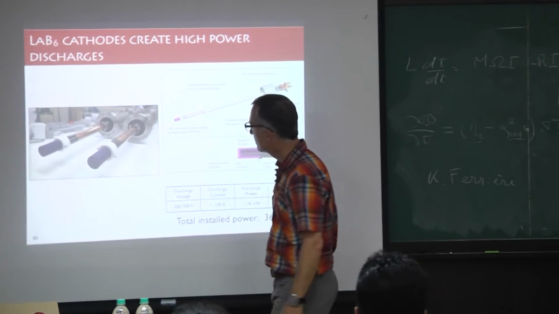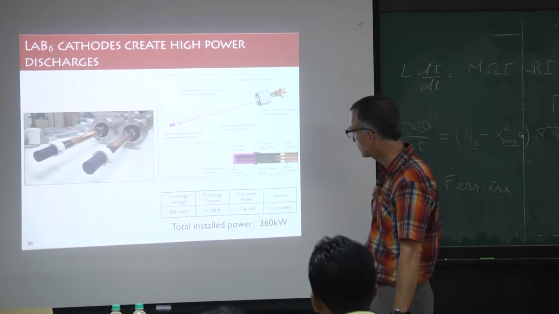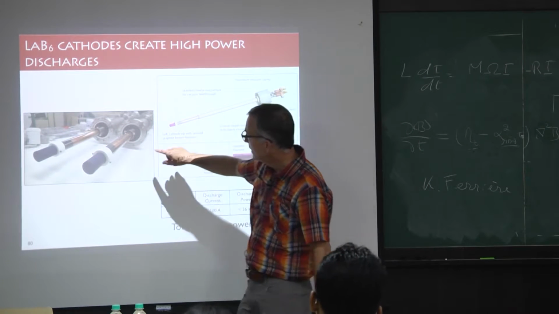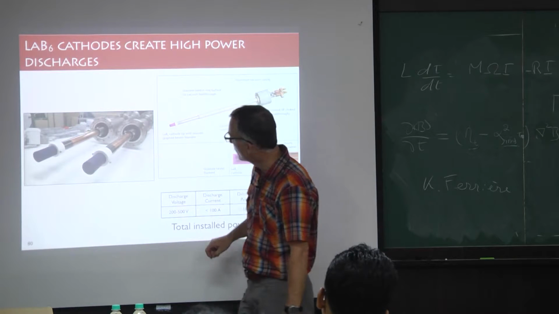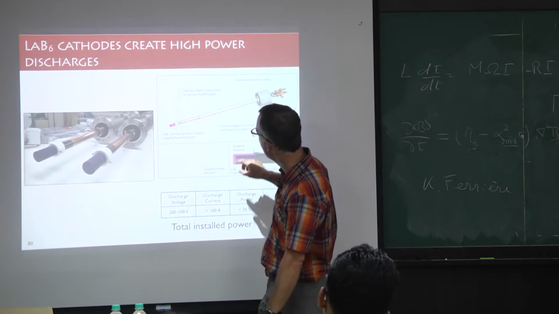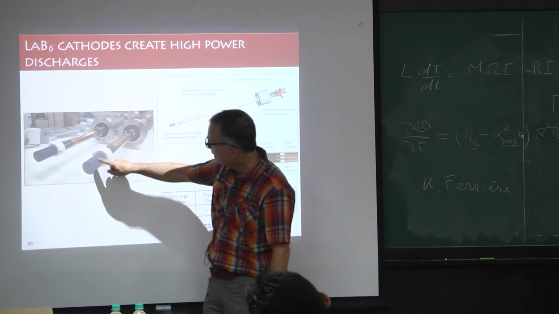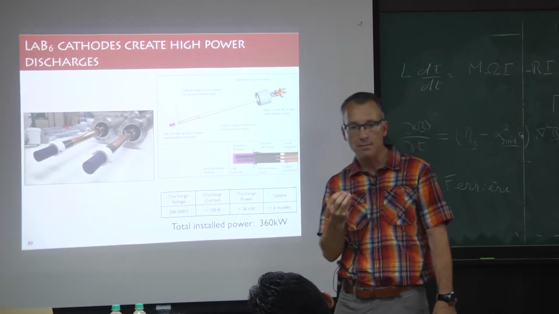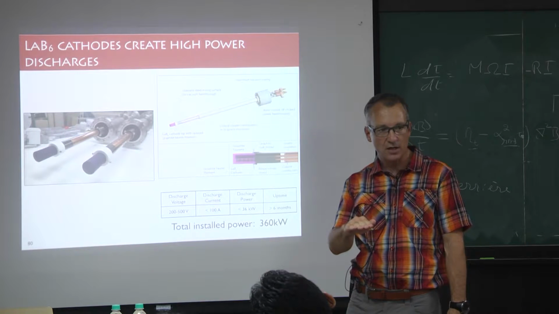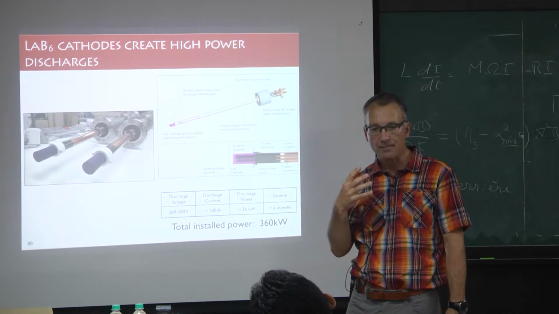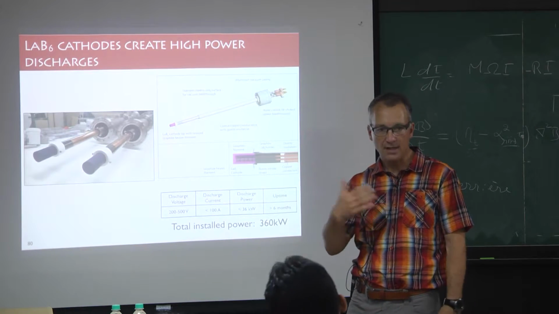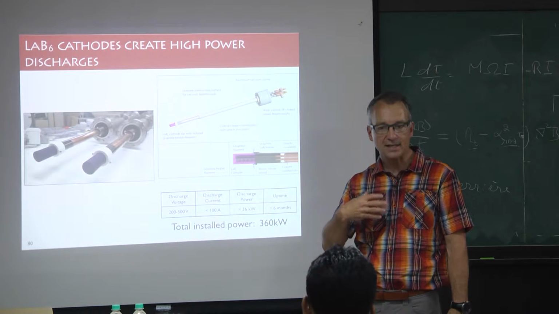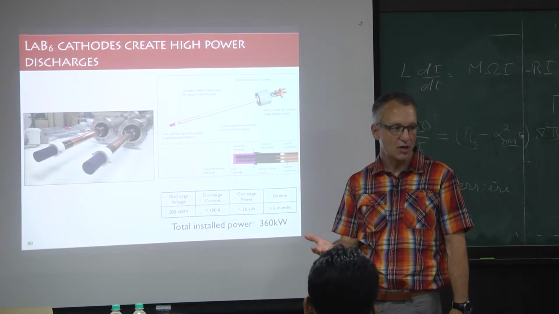The cathodes, these are two of the cathodes. What the cathodes are is a special type of ceramic called lanthanum hexaboride that emits electrons. It has a low work function, and it has the ability to source a large current.